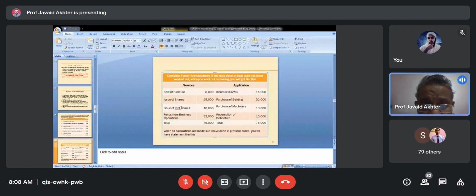Last thing that is to be discussed now, I'll leave this slide for a minute in case you wish to ask anything on this slide. I hope you would have made your own fund flow statement and it must match with the one that I have worked out. If you have made, do your figures also match, or there is some difference and you need some clarification somewhere?